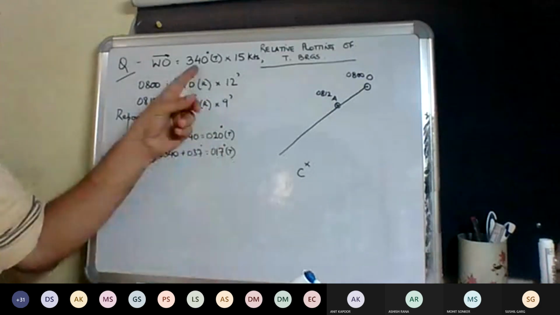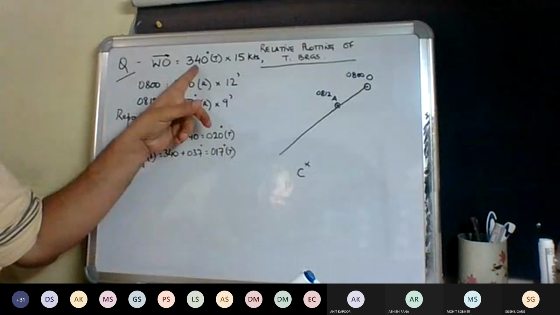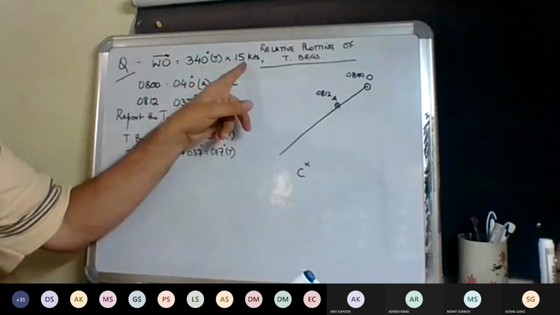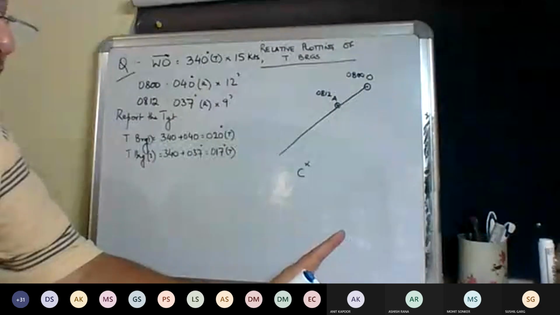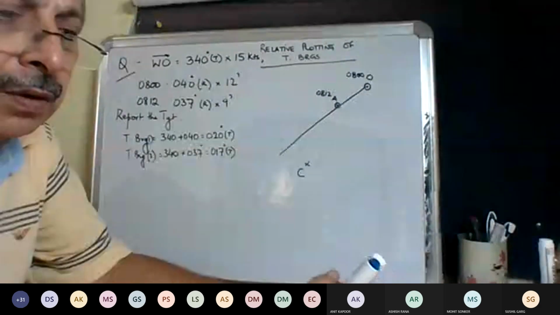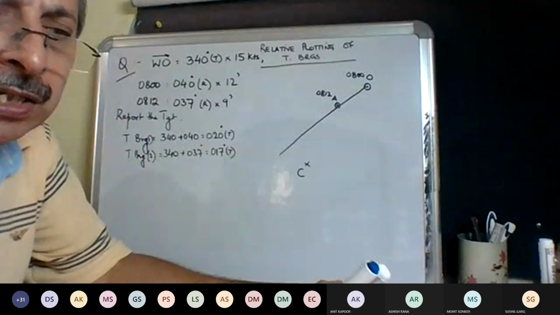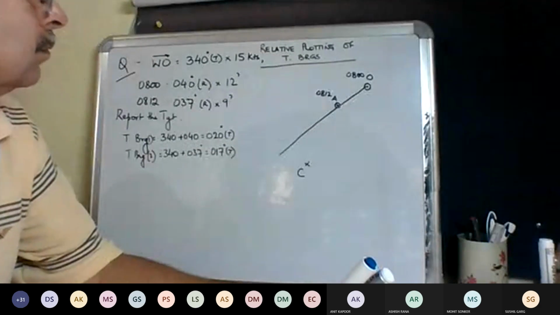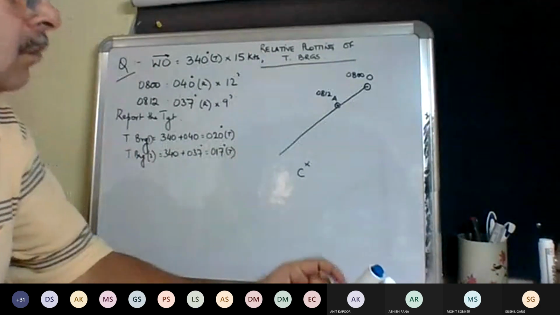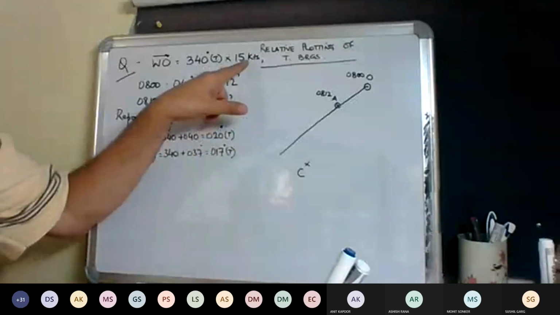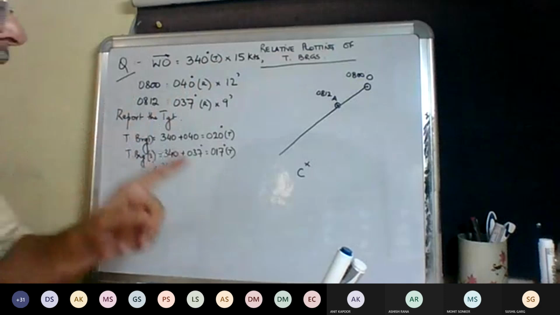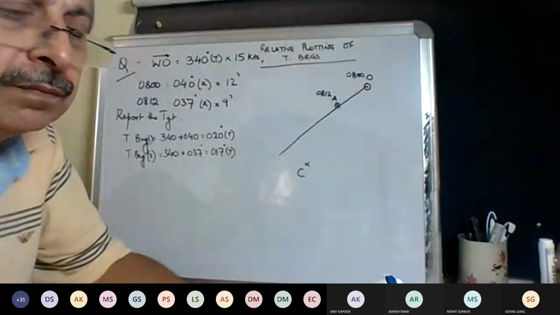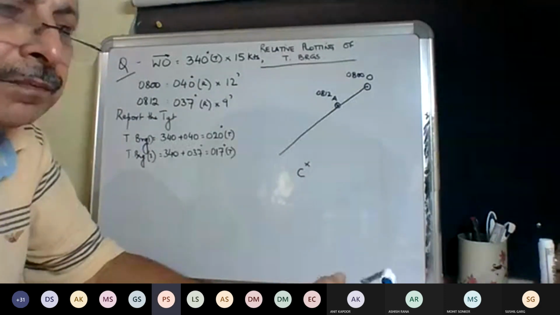Now, your own ship is doing 340 and she's doing at 15 knots. So, on the right side, you will find a speed, time, distance table. Go into that table, look at 15 knots, look at interval of 12 minutes, and find out the distance. 3 miles.